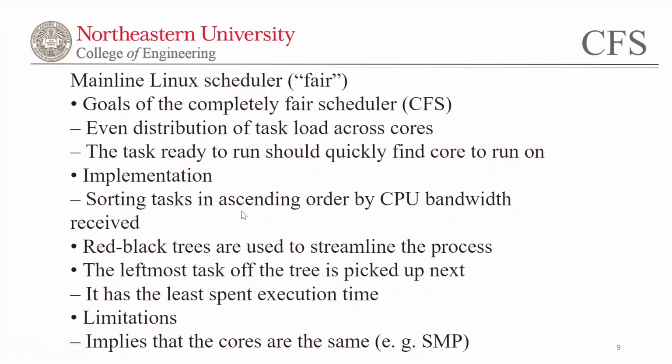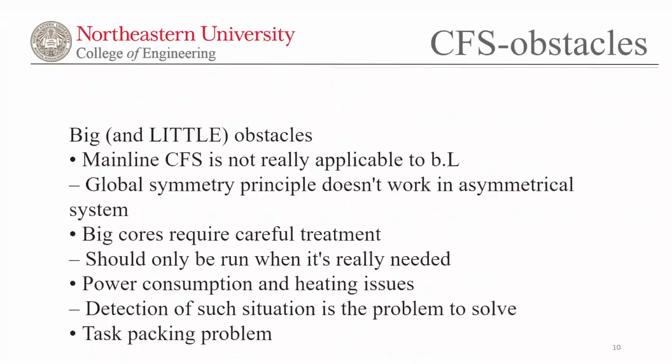And then the leftmost task of the tree is picked up next, as it has the least execution time, for the operating system to schedule each process. But there is a limitation: it implies all of the cores are the same, and that means there are some obstacles for the big.LITTLE architecture.